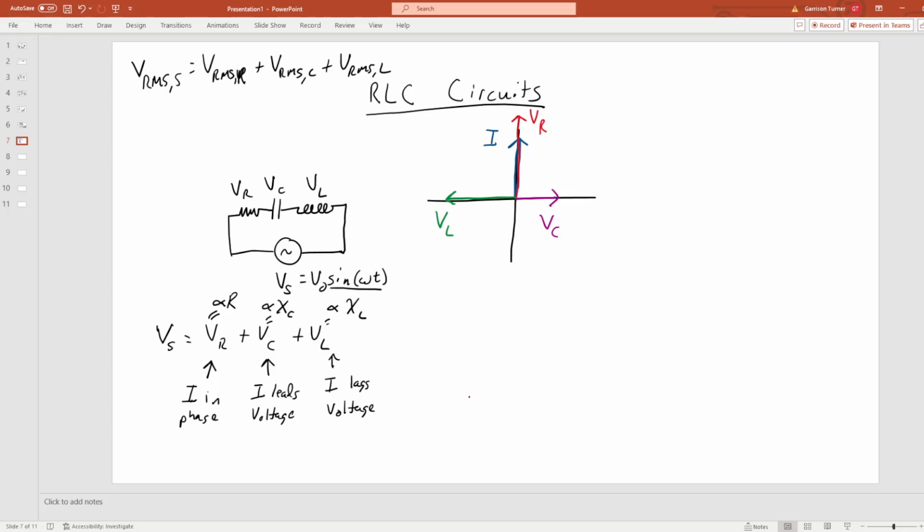So, with this in mind, because each of these potentials is proportional to their reactances and resistances, this means that we can draw another diagram.